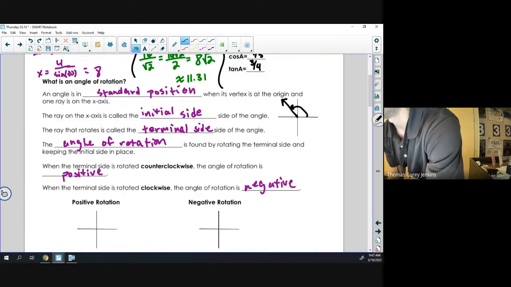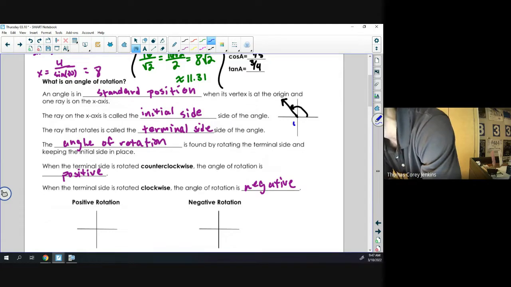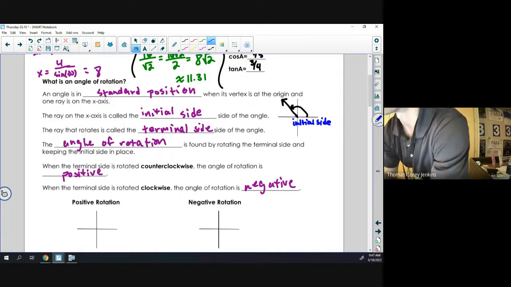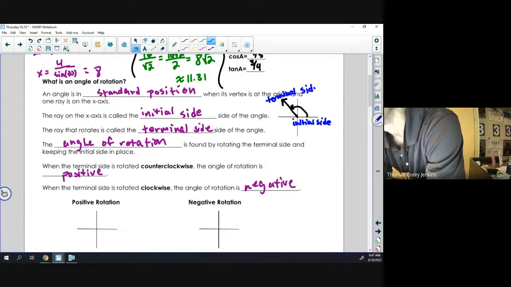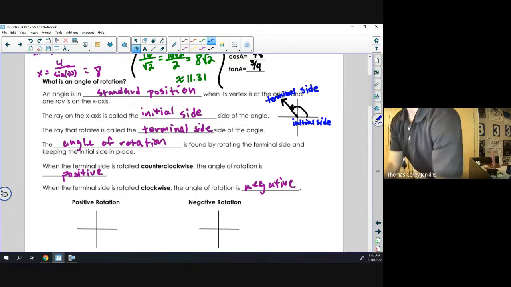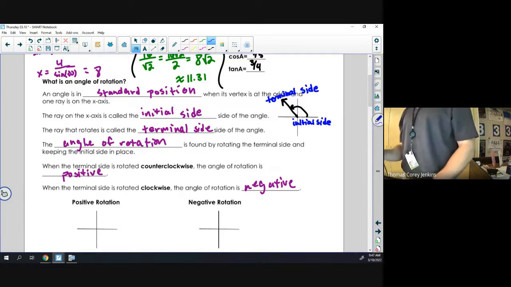Let's label some of this. Our initial side in this case is the x-axis. Our terminal side is the ray that we drew. And this would be an example of a positive rotation.